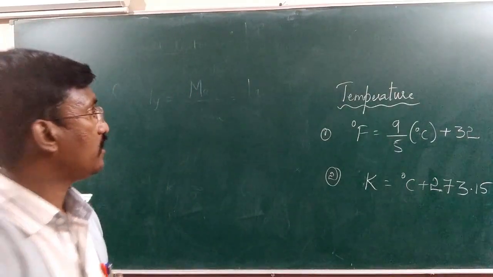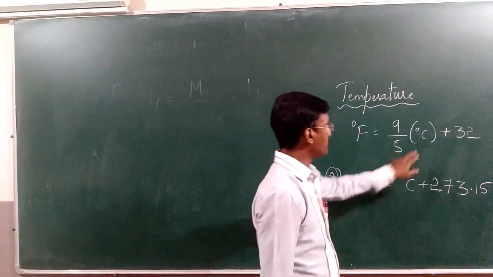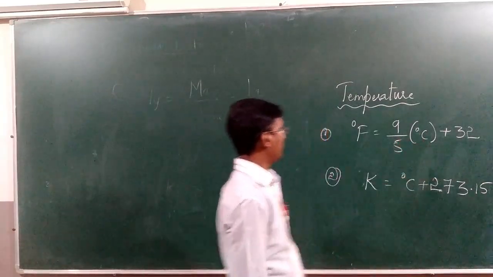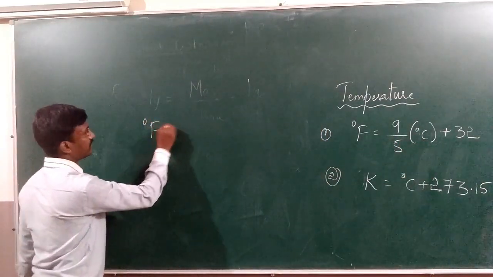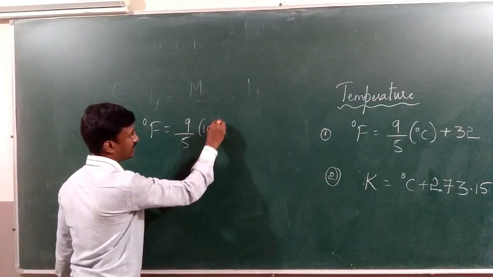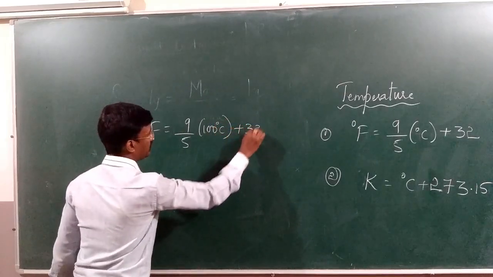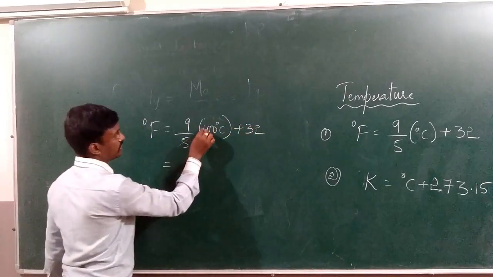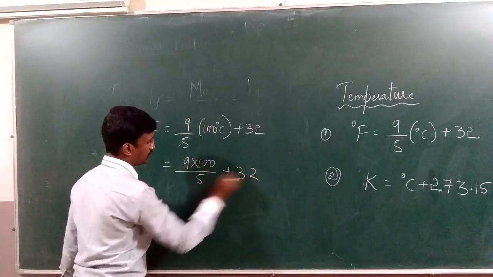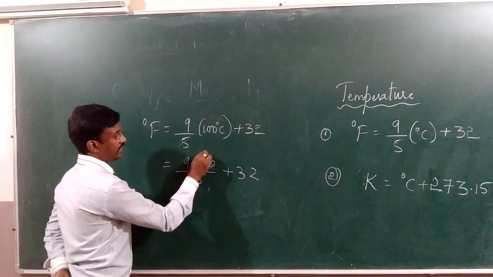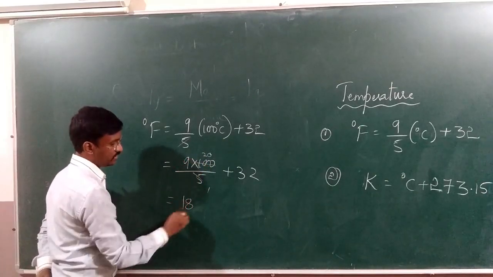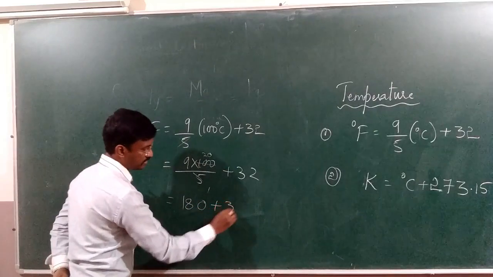Similarly, take the boiling point of water, which is 100 degrees Celsius. You just put the degree Celsius here, 100. Degree Fahrenheit is 9 by 5 times degree Celsius plus 32. I am taking 100 degrees Celsius. It is multiplication: 9 into 100 divided by 5 plus 32. 5 2s are 10, 0, 9 2s are 18, remaining 0 as it is, plus 32.